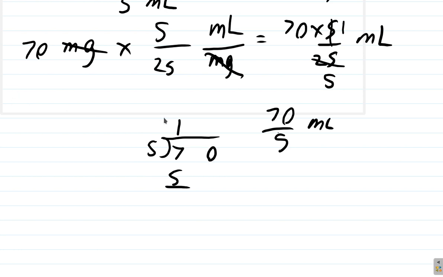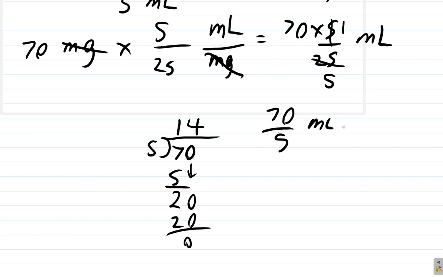We'll leave the 0 for later. 7 minus 5 is 2. Alright, good. So if we bring the 0 down, 5 into 20 is 4. 4 times 5 is 20. Subtract, you get 0. You might as well stop at that point.